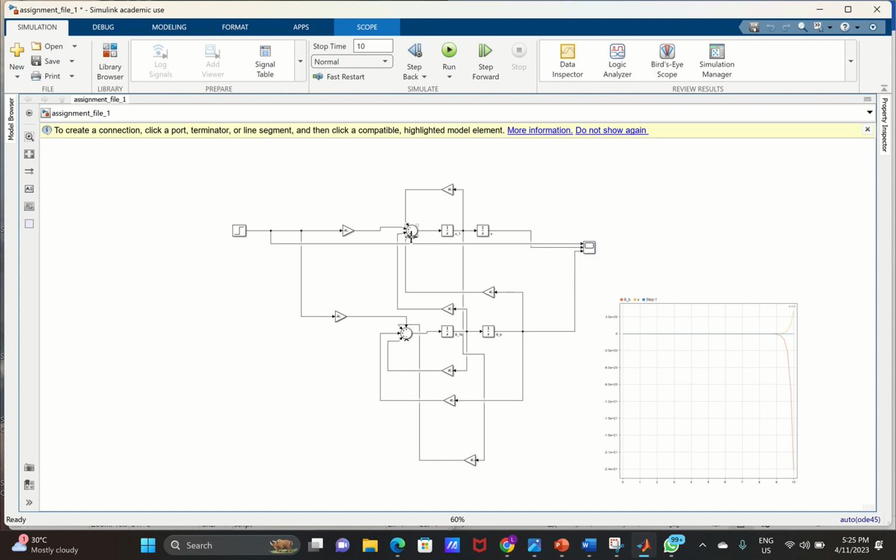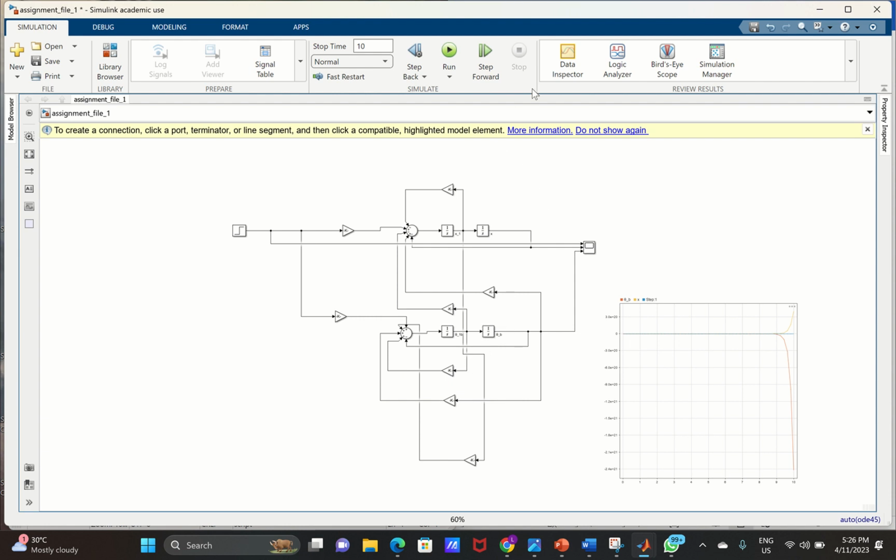So we are feeding back our output X into the summing point, and also our theta B, into our system.